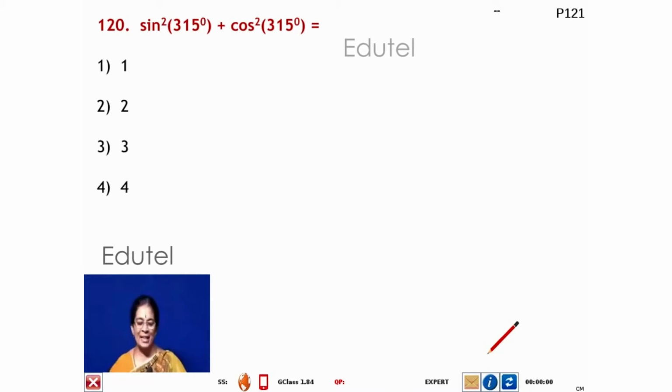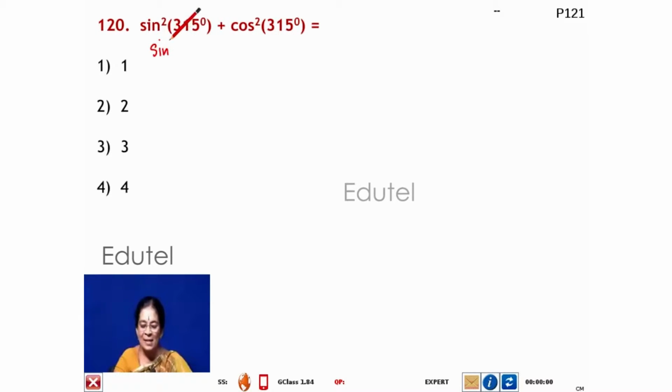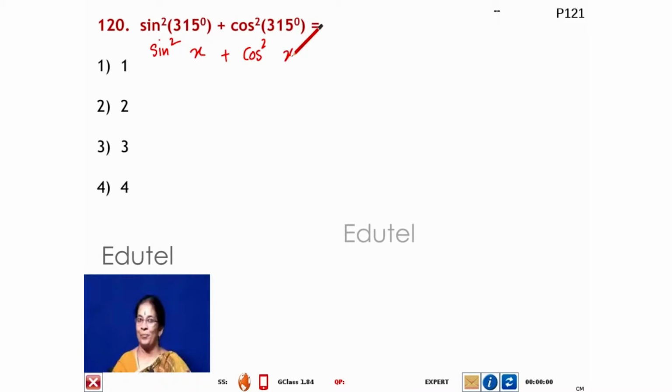Let's go to the next question. Sine square 315 degrees plus cos square 315 degrees. What is the value of it? Again, it is looking same like sine square x plus cos square x.